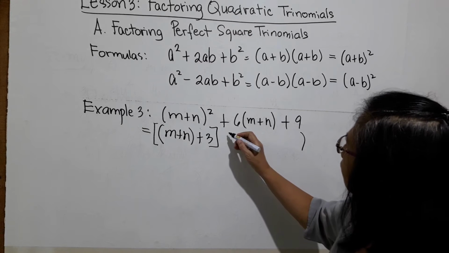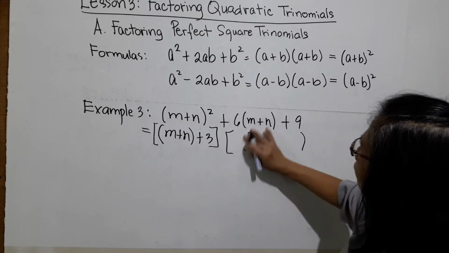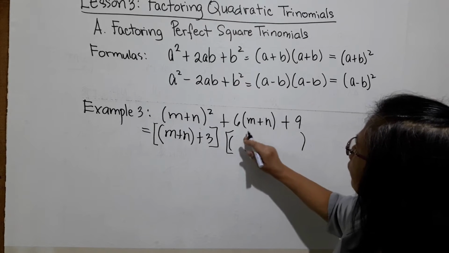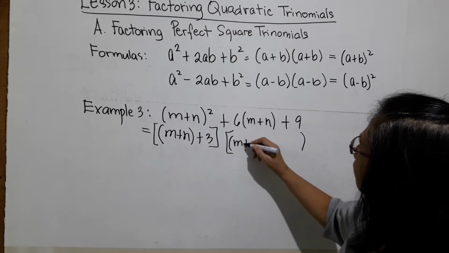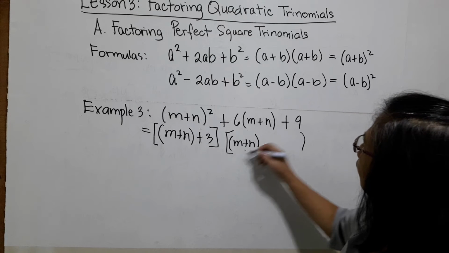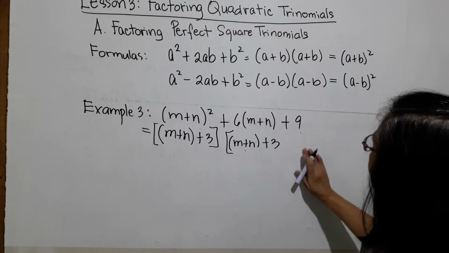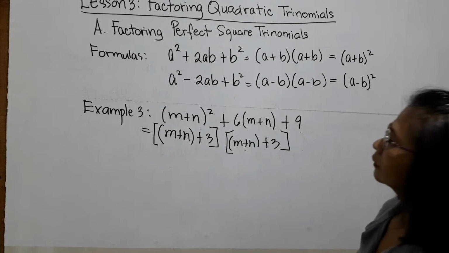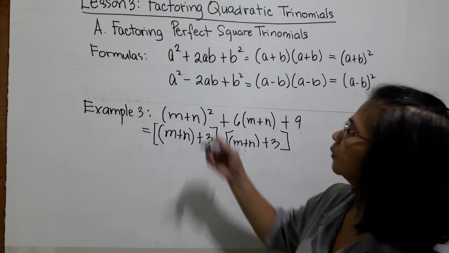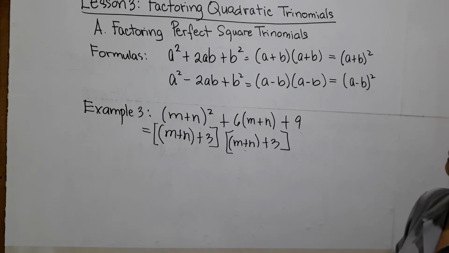So therefore, I should write m plus n here also, then also plus 3. So these are the factors of the given perfect square trinomial in example number 3.